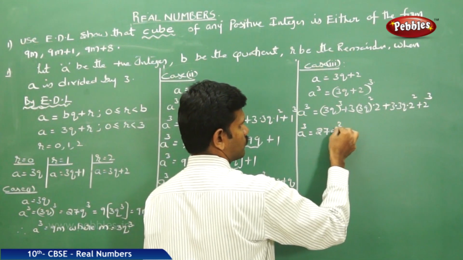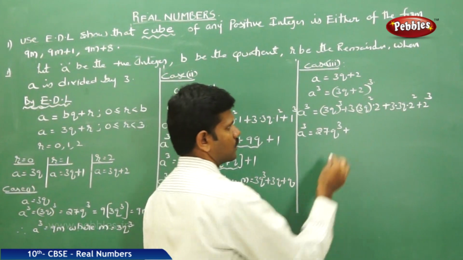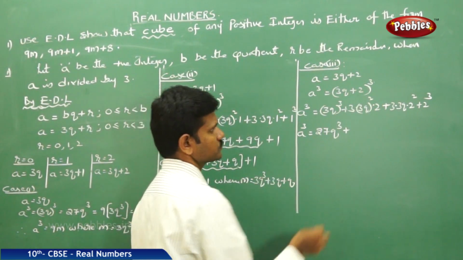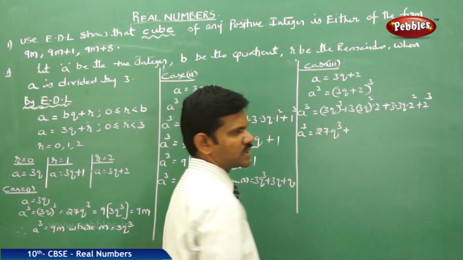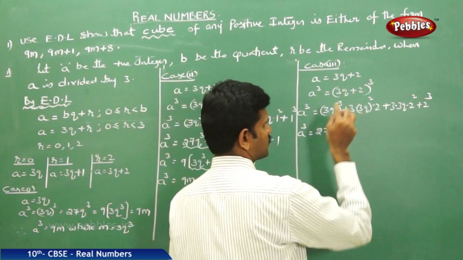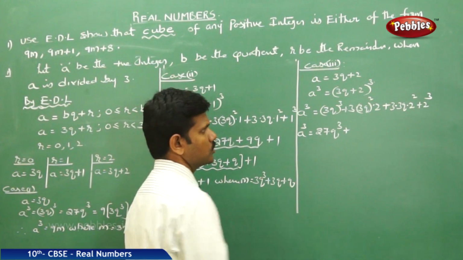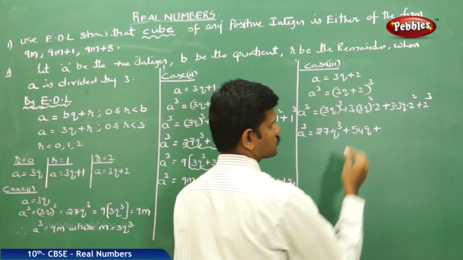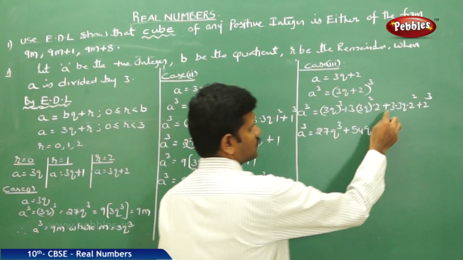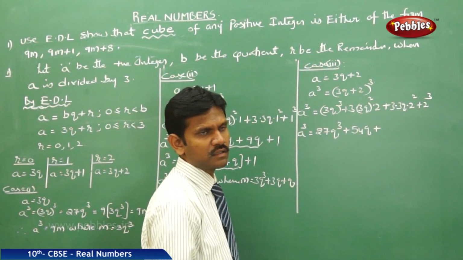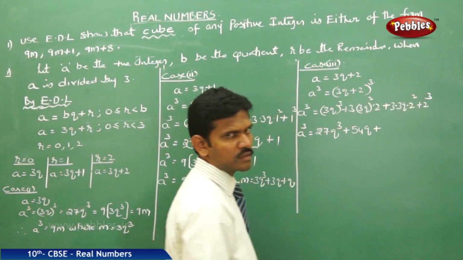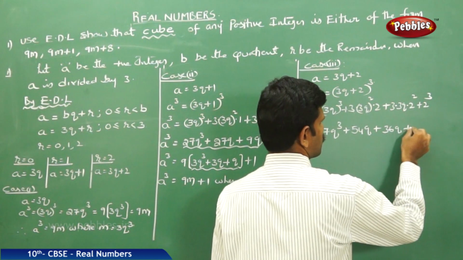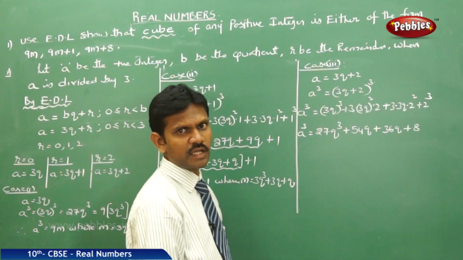That is a cube is equal to 27q cube plus 3 square, nothing but 9, 9 3s are 27, 27 2s, 54q square plus 3 3s 9, 2 square nothing but 4, 9 4s are 36q plus 2 cube nothing but 8.